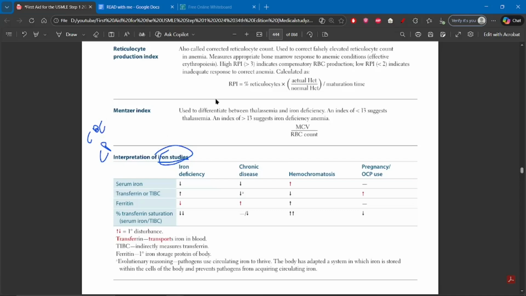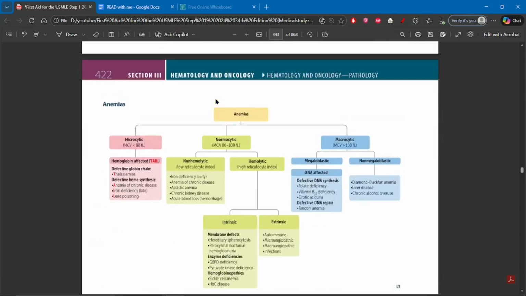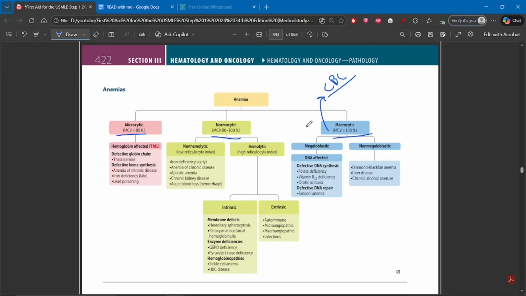So last time we looked at the division of anemias, and we looked at this parameter known as the MCV. It is important to understand that MCV is seen in the CBC, which is a routine blood test. So once a routine blood test is ordered, the physician looks at the MCV, the total hematocrit and the total RBC count.